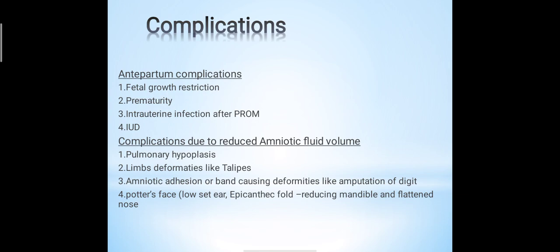Pulmonary hypoplasia, what happened here? Amniotic fluid is required for fetal development in early and mid pregnancy. There is a thoracic compression which prevents lung expansion, so pulmonary hypoplasia occurs.